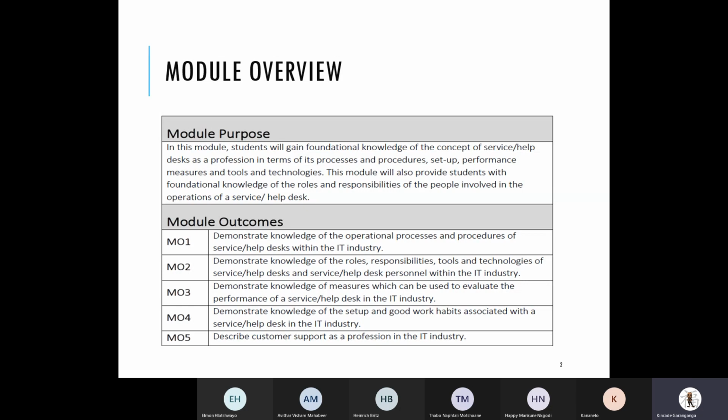So the first module outcome is looking at operational procedures within the ICT space. The second one looks at understanding the roles and responsibilities of service desk personnel within that same ICT environment. Also understanding some of the technologies and tools that are used.